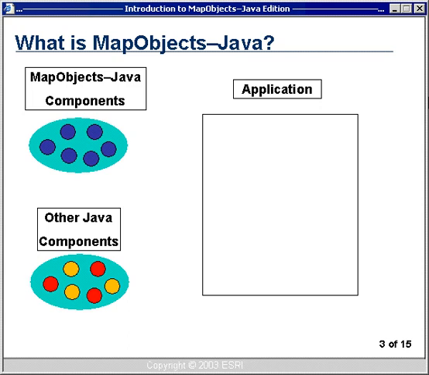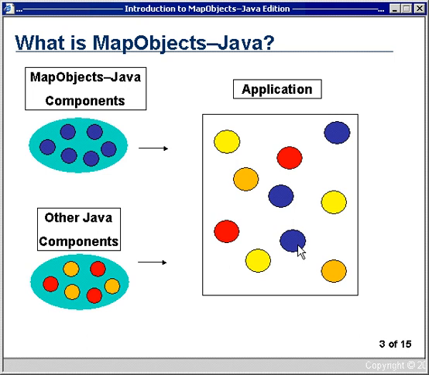On the right, this box symbolizes the framework where you plan to build your application. You could start your application from scratch, or you may already have a working Java application, shown here by the yellow circles. And you may need to embed mapping functionality into it. Either way, MapObjects can provide a solution.